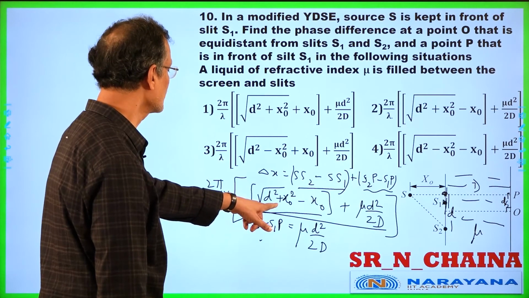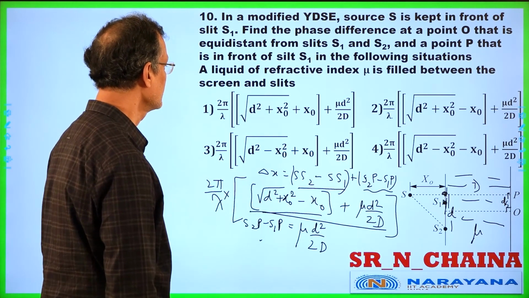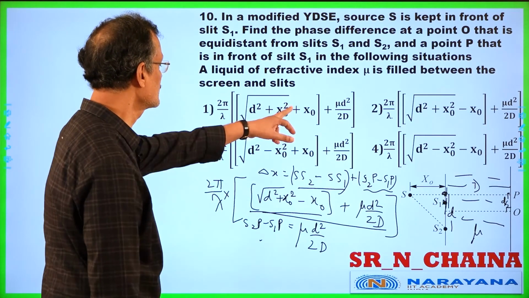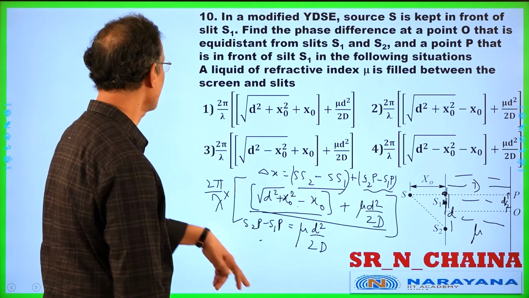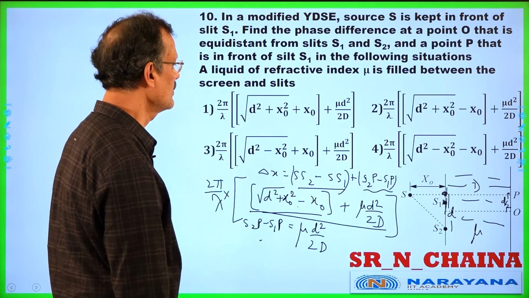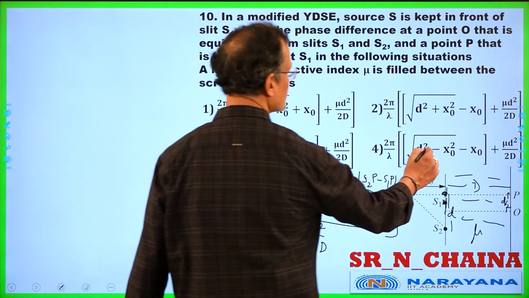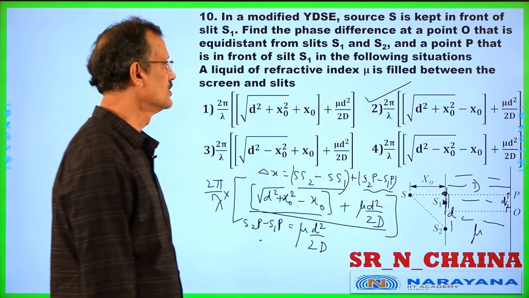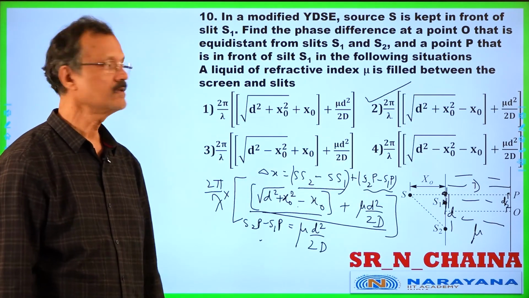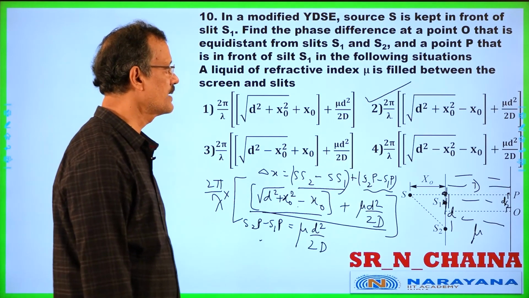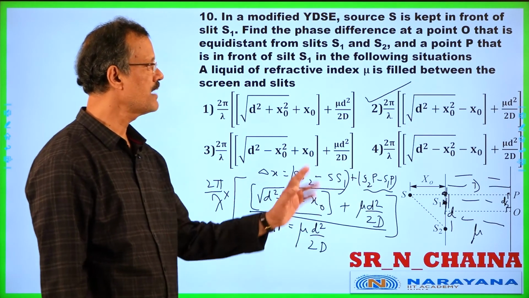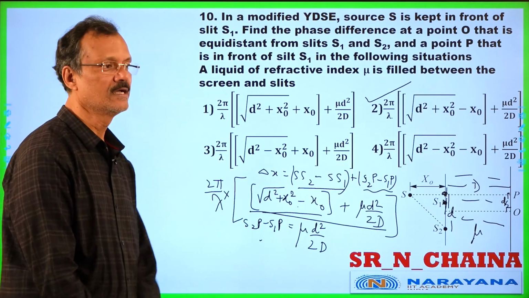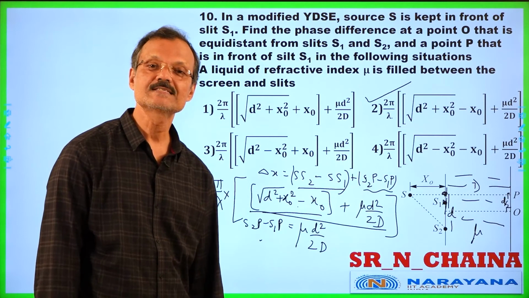Under root d square plus x naught square. Okay, no. Plus x naught is impossible. Here it should be minus x naught. It is ruled out. It is ruled out. It is plus x square. This is ruled out. The answer will be number 2: 2 pi by lambda times under root d square plus x naught square minus x naught plus mu d square by 2D. Tell me, did you understand it clearly?